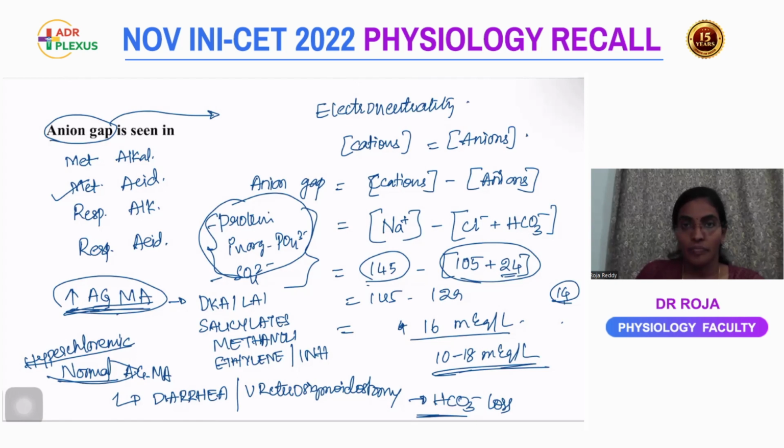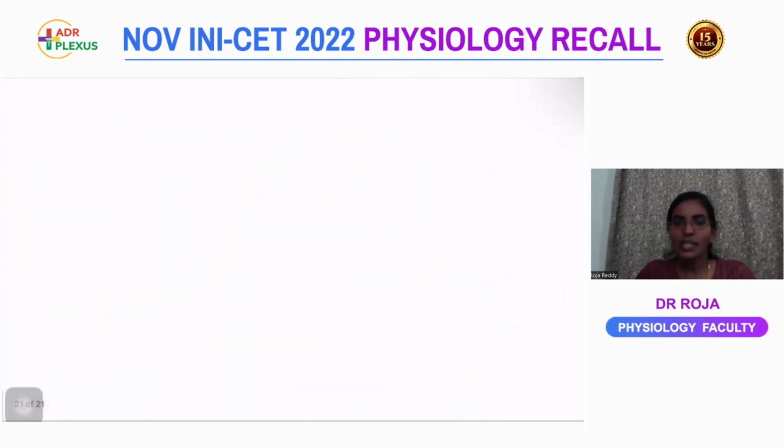Maybe they'll give you diabetic ketoacidosis, salicylate poisoning, INH, and then diarrhea. So the answer will be all except diarrhea, because in diarrhea it is normal anion gap metabolic acidosis. Okay, so this is about the anion gap.